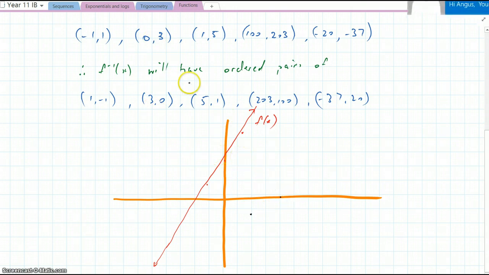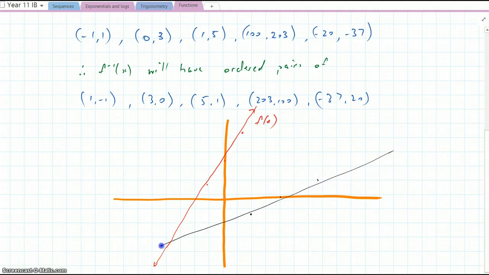This one here, 5, 1, has gone up here. And you can see what's going on. This one's flatter. This one's got a gradient of 1/2, and it's going through like this. I'm going to try and draw it a bit like that. So if you get 203, 100, that'd be out there somewhere, minus 37, 20. This is f. This is the inverse function of x in black.